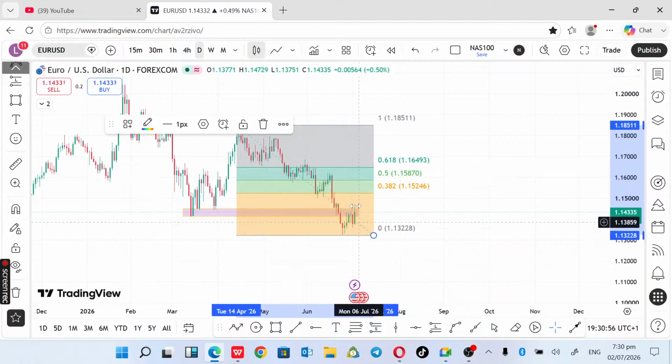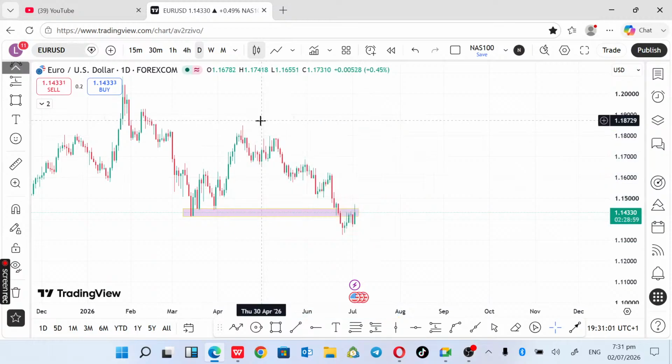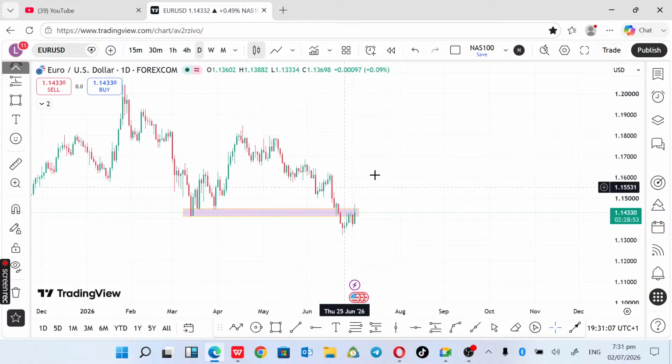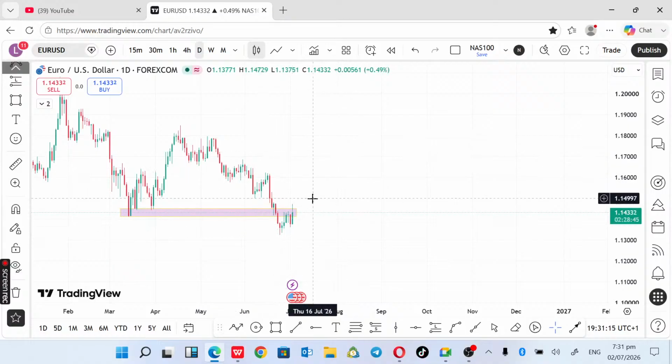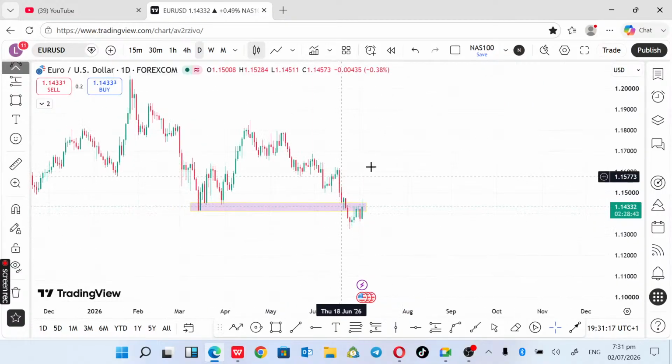So I'm expecting the market to push really far above before it pushes down. But we can't forget the fact that this market is on a downtrend. So you could decide that it's not going to follow the price rule of, okay, it's at a discount, so it's going to buy first and all those other things, because it's on a downtrend.